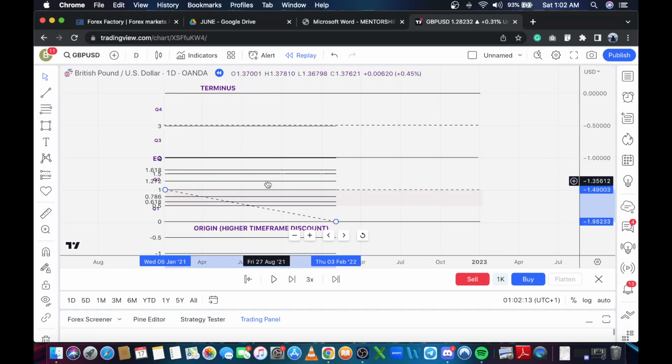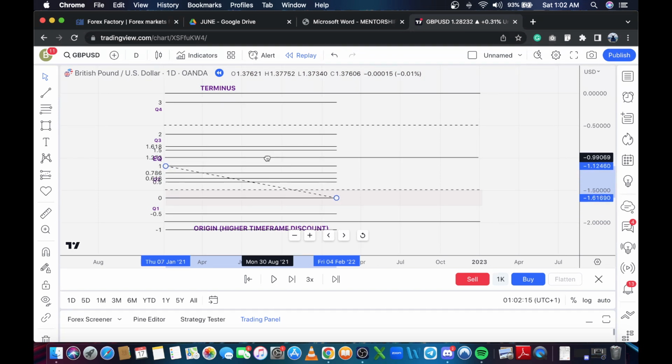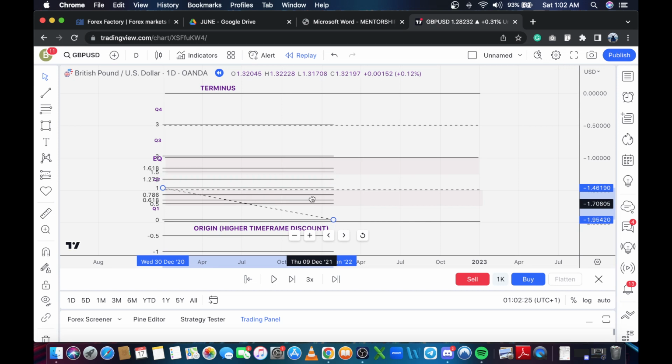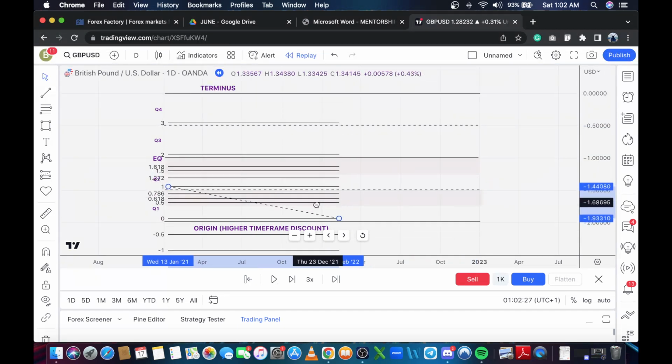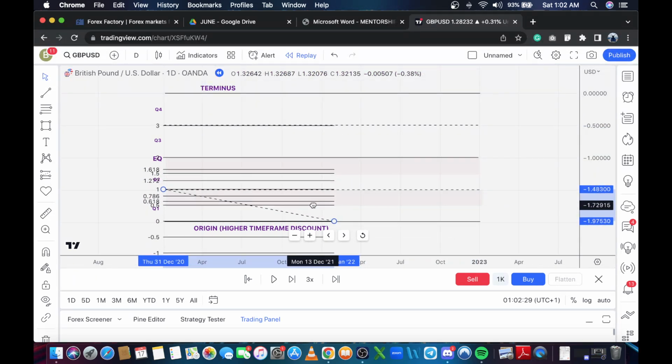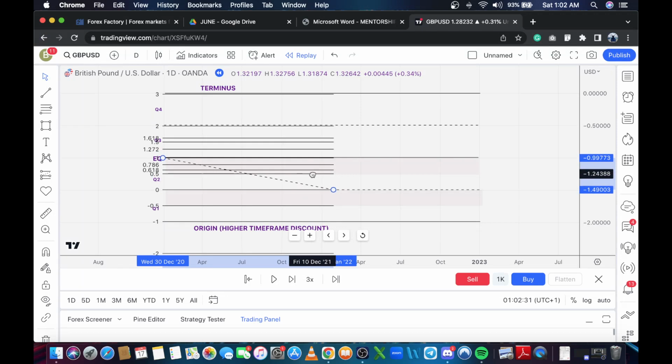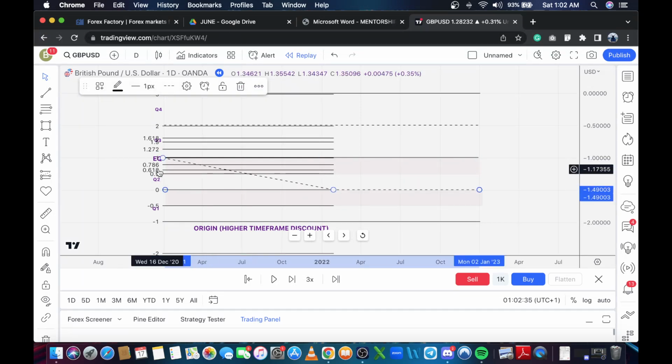We're going to do the same for quarter 2, identify equilibrium. So I'm just doing this to speed up the process. Sorry, I messed this up. So quarter 1 is this. Quarter 2 is this. Okay, awesome.